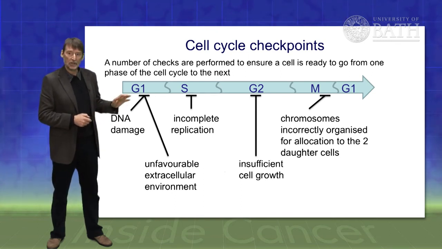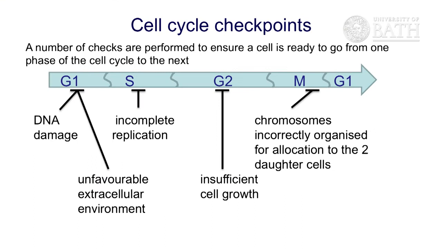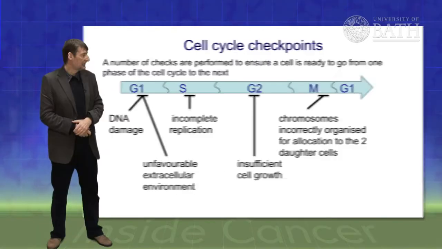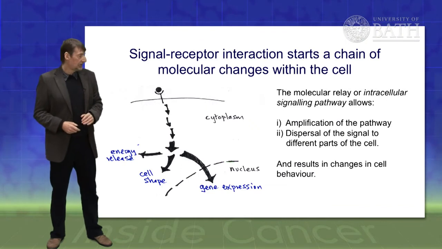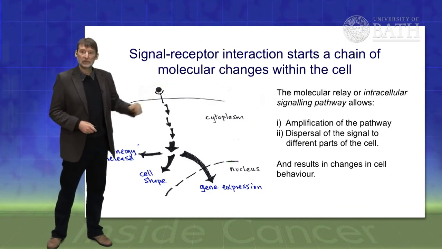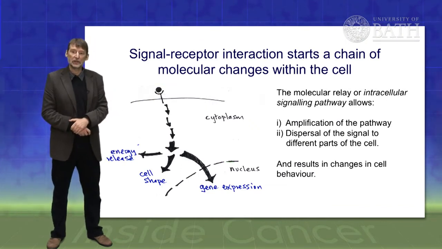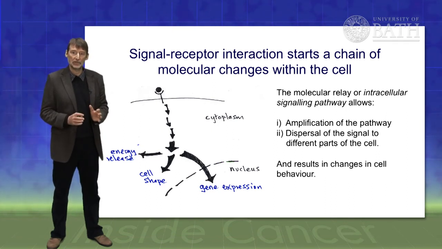And the checkpoint that we're going to focus on is the one between G1 and S. So the checkpoint before the cell goes into the DNA synthesis phase. Now remember, the cell signal arrives at the cell surface and interacts with a specific receptor.